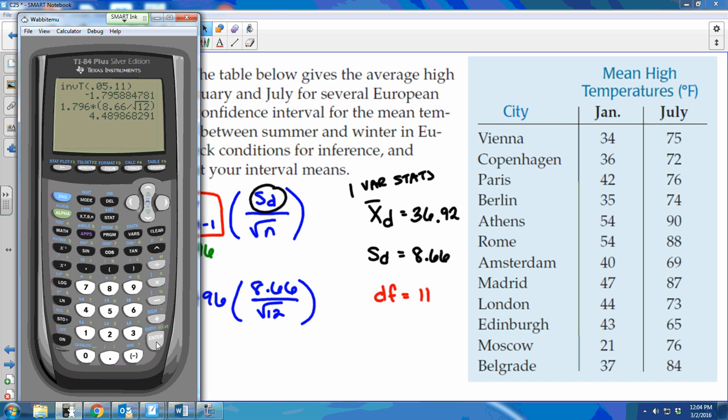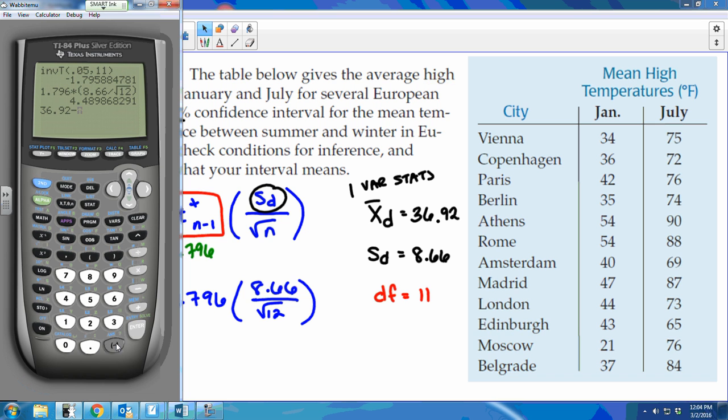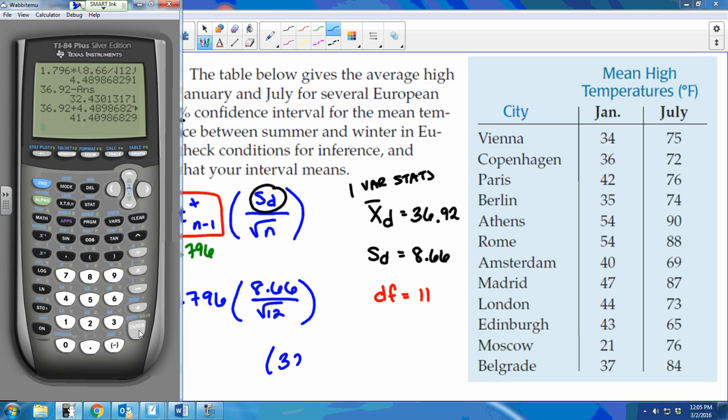So I have 36.92 minus that. 36.92 plus that. So I have an interval of 32.43 degrees to 41.41 degrees.